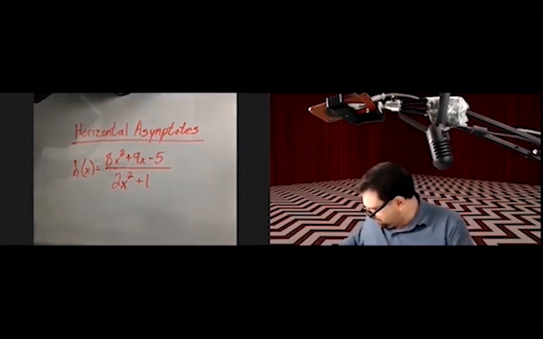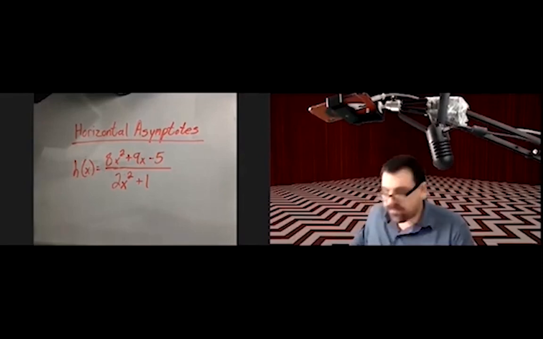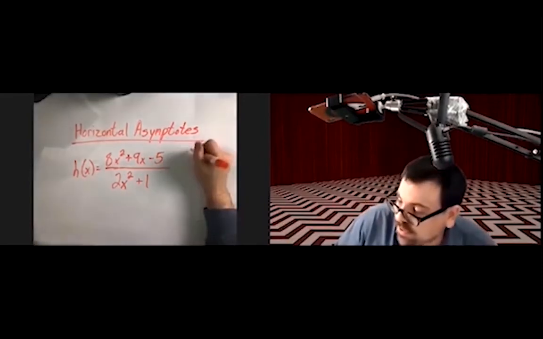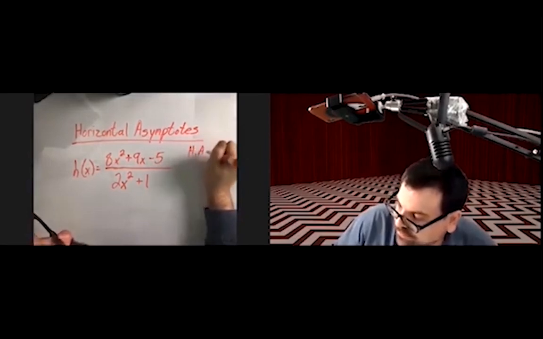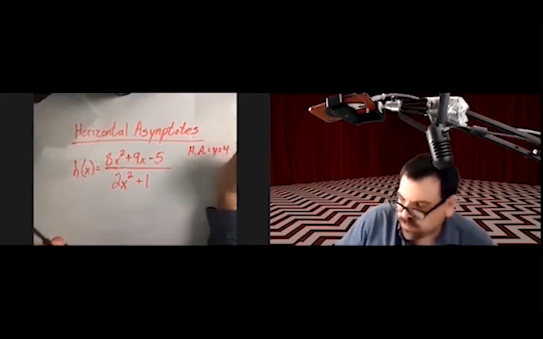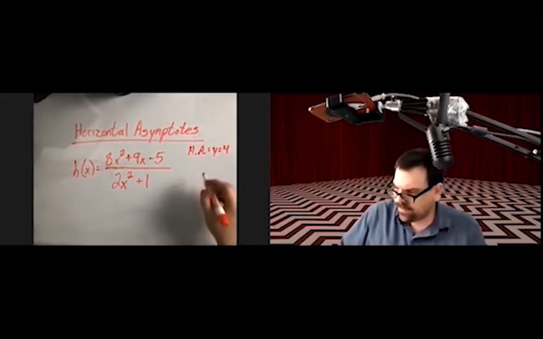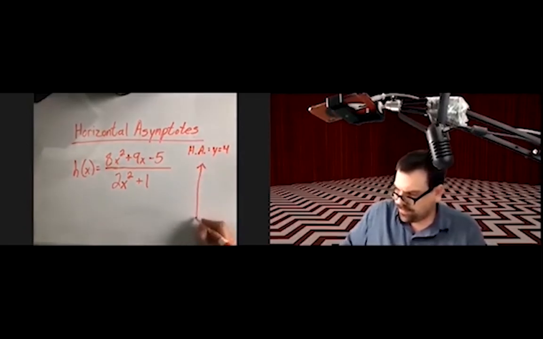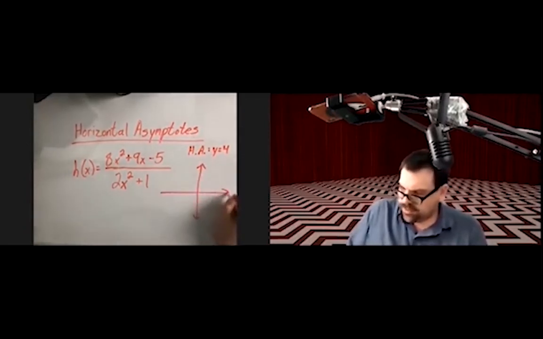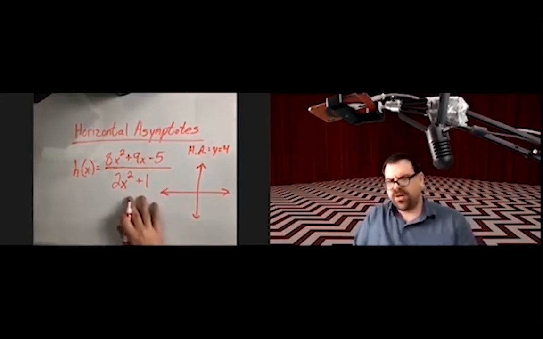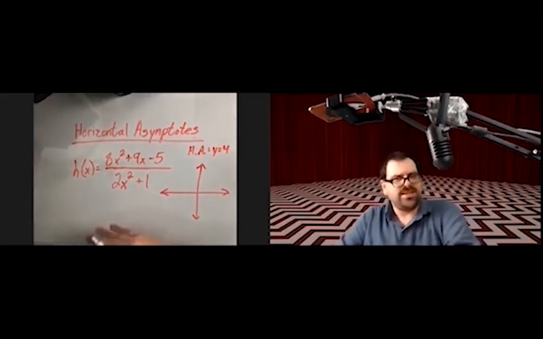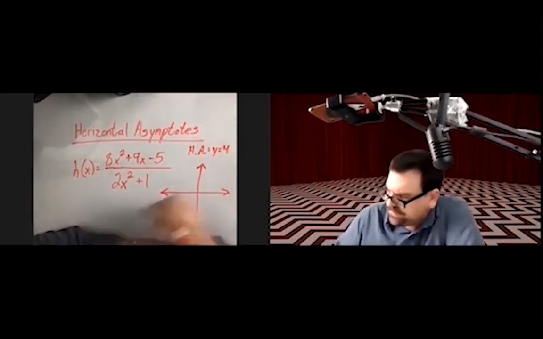We found that the horizontal asymptote was y equals 4, or f of x equals 4. Two x squared plus 1 on the bottom. This is going to be one of those ones that doesn't have a vertical asymptote.